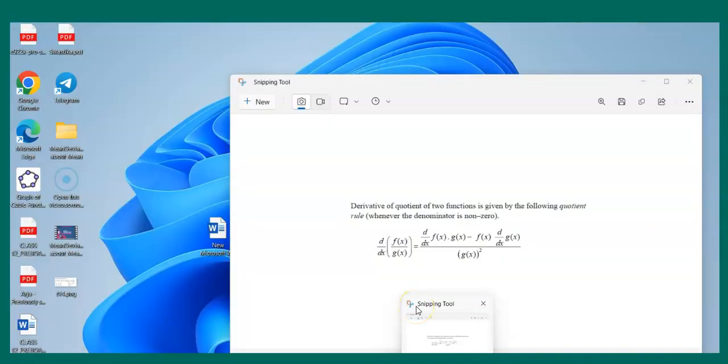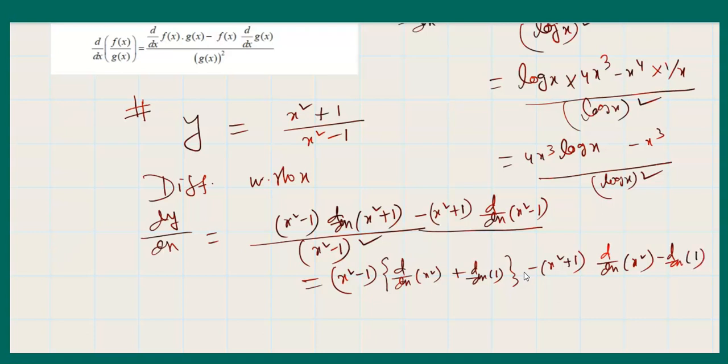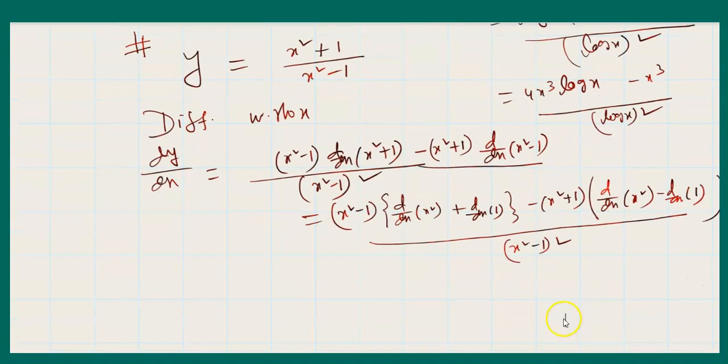Now see, inside the quotient rule, the sum rule is coming. You write this as d/dx of x square, the sum rule, d/dx of 1, minus x square plus 1 into d/dx of x square minus d/dx of 1. Okay? So that divided by x square minus 1 whole square.